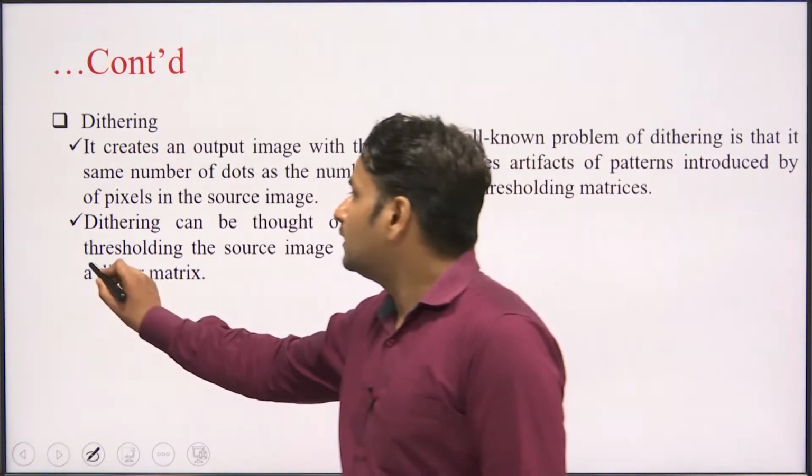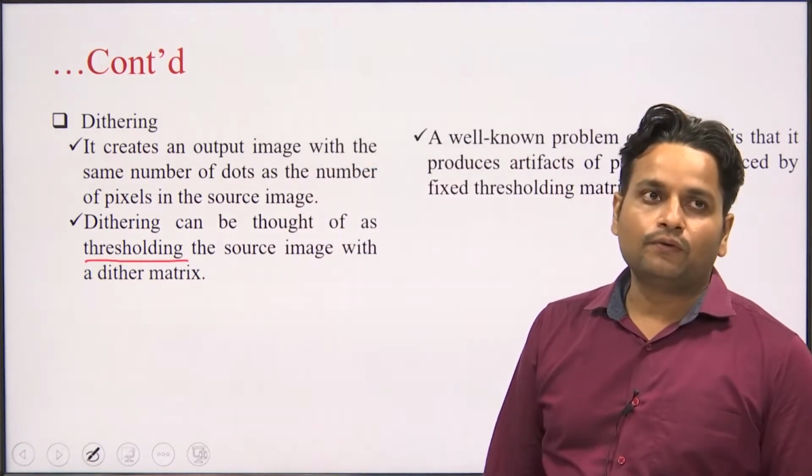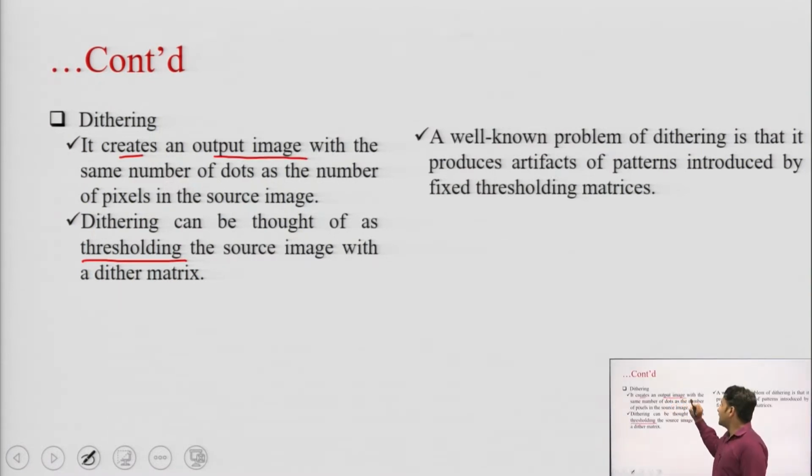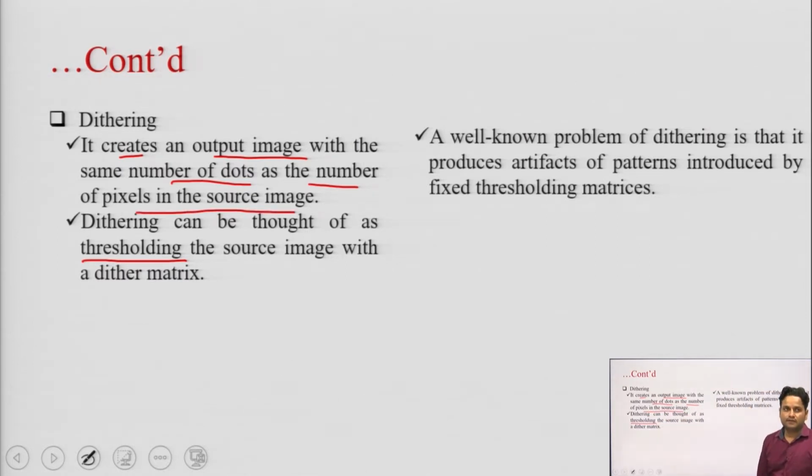The threshold plays a very important role here. It creates an output image with the same number of dots as the number of pixels in the source image. So, if we have an 8 cross 8 input image, then the output is also an 8 cross 8 image.